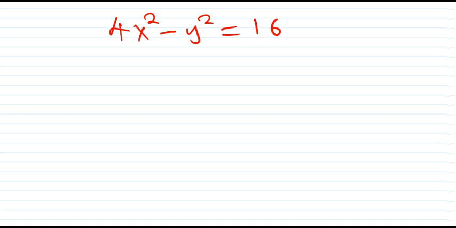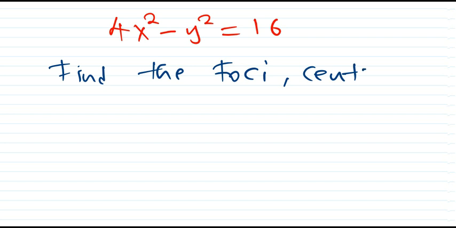So the question here is find the foci, those 2 points f1 and f2, and then the center and the vertices. Feel free to pause the video and just try out this question, right? A very basic question. Okay, so let me just go over it and answer for you.